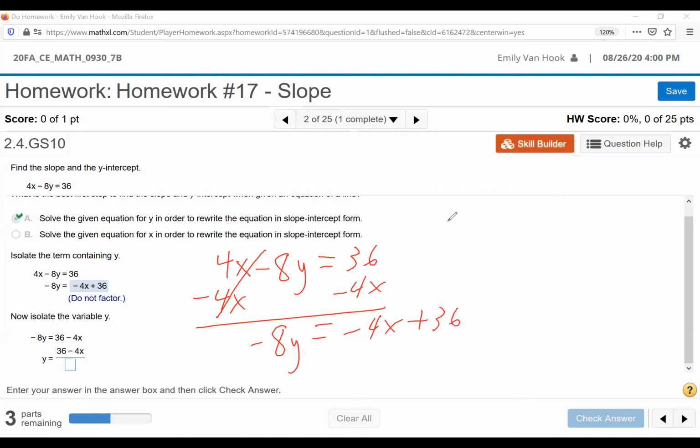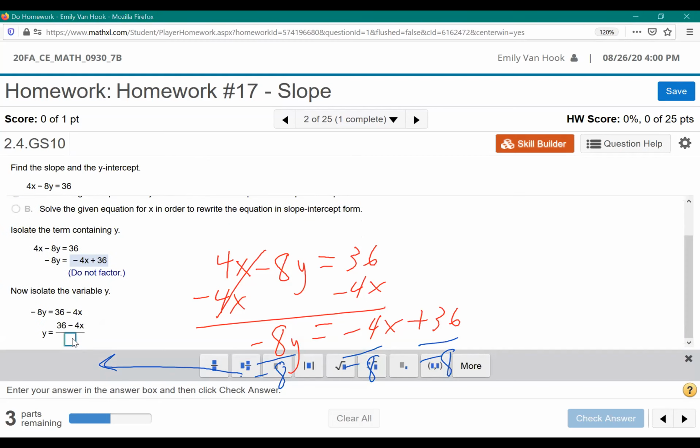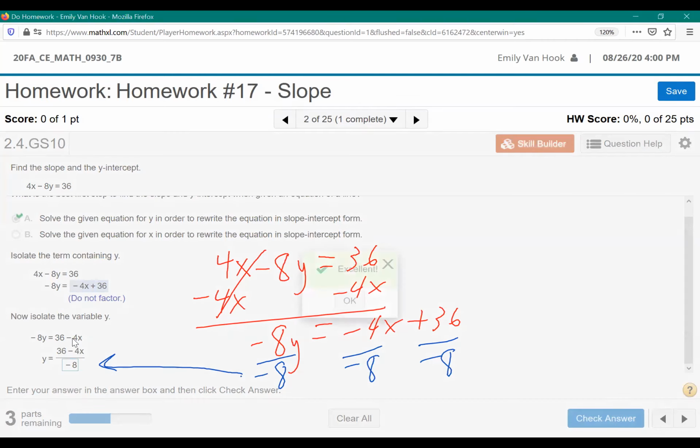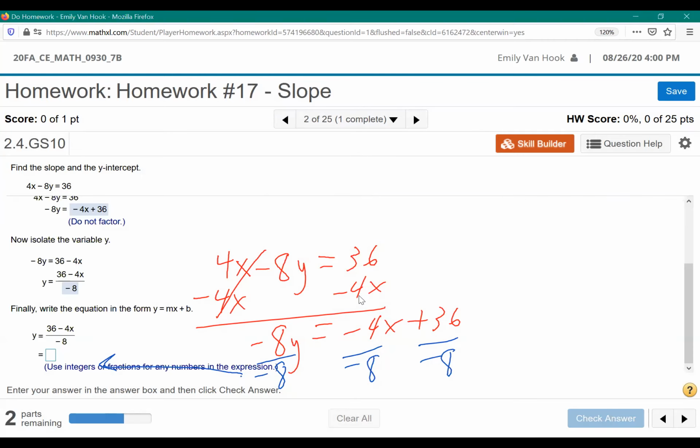Okay, so what I would have had you do is divide each term individually by -8. What they're having you do is, first of all, it's not in the correct order, which is going to bother me. And they're just having you write -8 in that denominator to start out, which is okay. I just want you to know it's the same thing. Okay, now you're being asked to just simplify in one step.